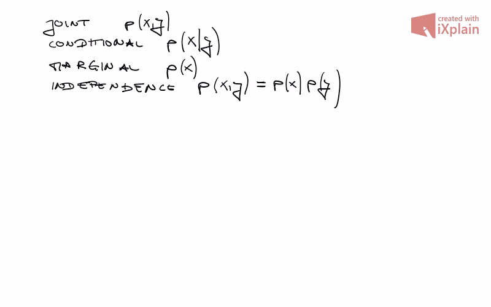Now, what we have dealt with so far were always random variables x and y, which took on a finite number of values. The typical example was x takes on 2 values, 1 and 2, and y takes on 3 values, 1, 2, and 3.